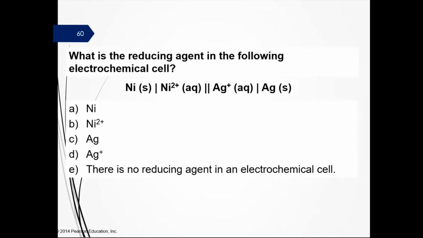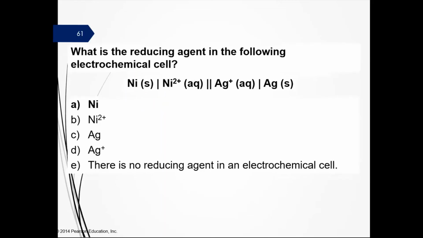So if we want to cause the other thing to reduce, then we must be oxidizing. So look at your cell. Who is oxidizing? Oxidizing should be on the left-hand side, and so it should be our nickel. And so our nickel solid is the one that's oxidizing to make that nickel 2+. And so nickel is our reducing agent.